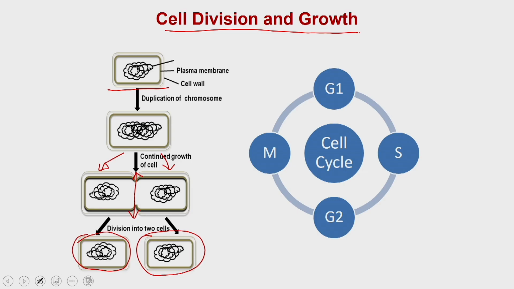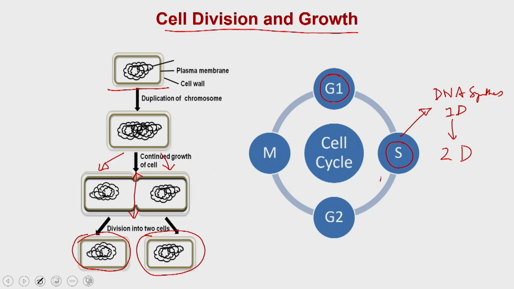Similarly, the eukaryotic cell goes through different phases within the cell cycle, in which you have the G1 phase followed by the S phase. The S phase is where you do the DNA synthesis, and because of that one DNA gets converted into two DNA molecules, which means the genomic DNA is duplicated in the S phase.